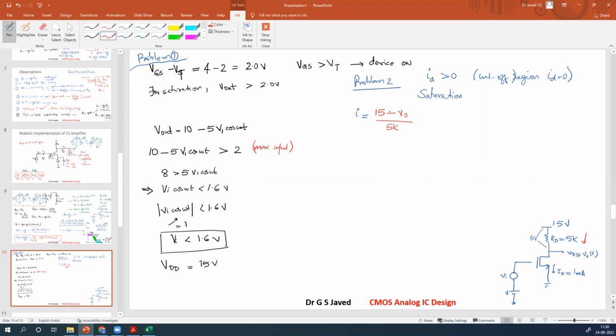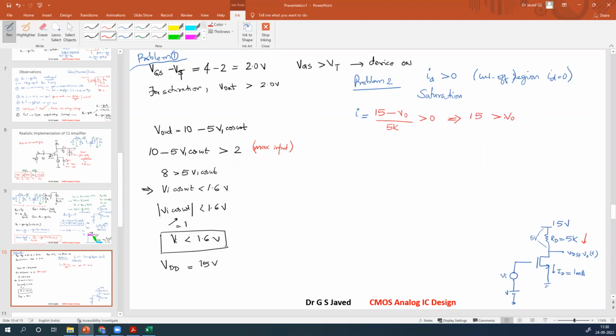How does this define? If you want ID to be greater than 0, then 15 has to be greater than V0.